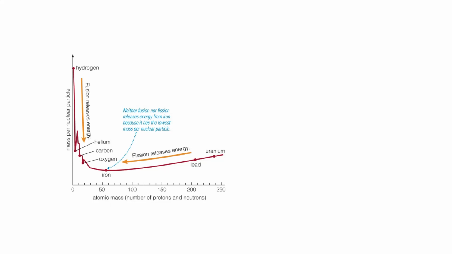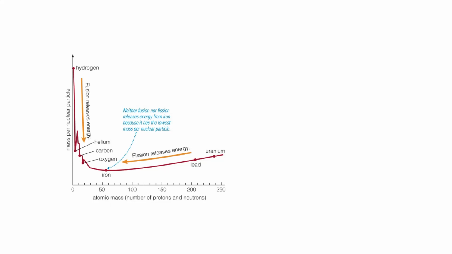So from hydrogen all the way up to iron, the process of fusion releases energy. Energy is a byproduct of that reaction. But once you try to start fusing iron into things that are heavier, energy is actually an ingredient for that reaction. It is one of the requirements to make that reaction happen.